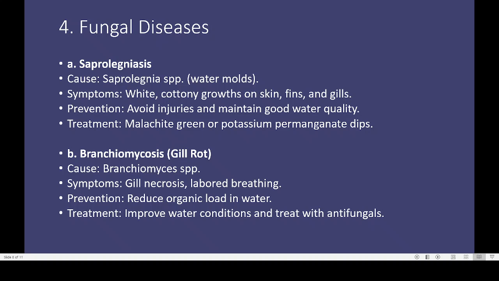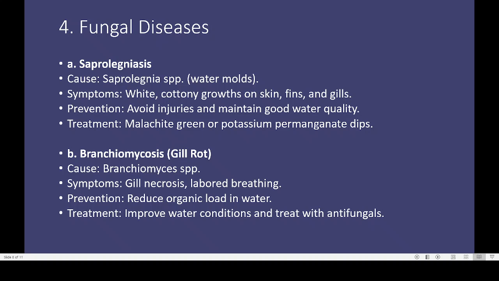So this is a type of disease caused by a fungus. Gill rot means the gills may be decaying, and it is causing gill necrosis or gill decay and labored breathing. Because gills are damaged, fish may not be able to take the dissolved oxygen from the water properly. That will be affecting its respiration and breathing.